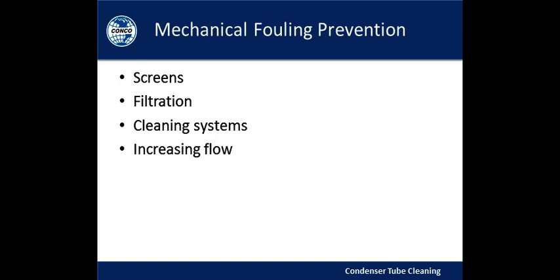So I showed you the leaves that came in through the screens and through the filtration system to plug the tubes earlier in the presentation. Well, a continuous online cleaning system may have great difficulty operating under those conditions. Simply said, if the leaf is blocking the tube and the water can't go through there at its full rate, neither will the continuous online ball cleaning system.